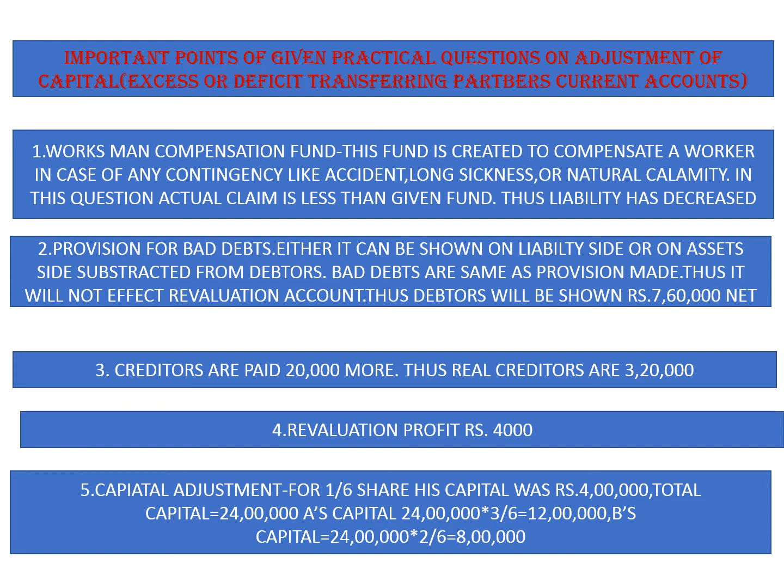Total capital would be 4 lakh into 6 upon 1, is equal to 24 lakh. A's capital would be 24 lakh into 3 by 6, 12 lakh. B's capital would be 24 lakh into 2 upon 6, 8 lakh. Therefore, the balance capital of C is this one.